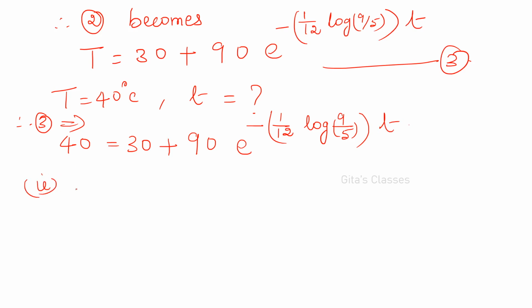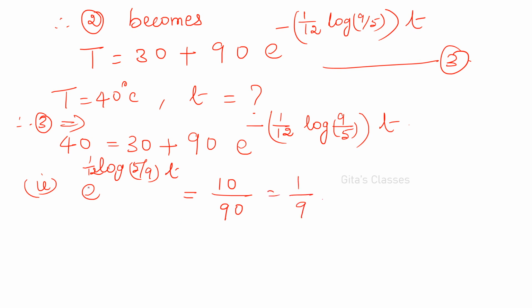That is e power minus 1 by 12 log of 9 by 5, or you can write it as 1 by 12 into log of 5 by 9, into t, is equal to 40 minus 30, which is 10, divided by 90, that is 1 by 9.